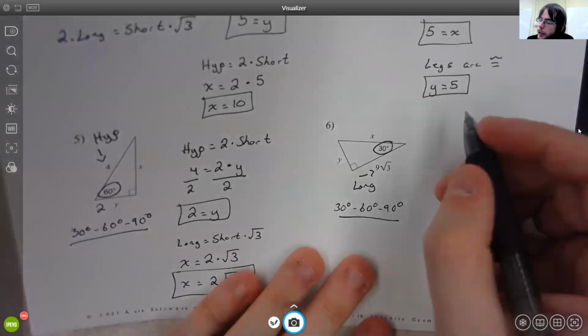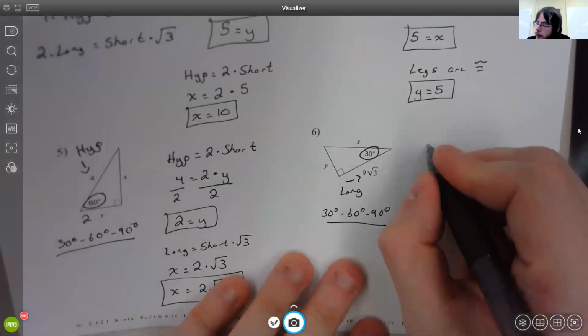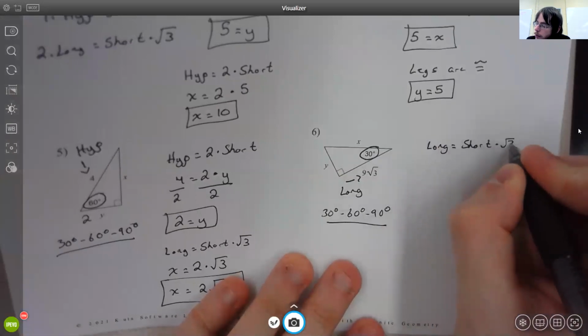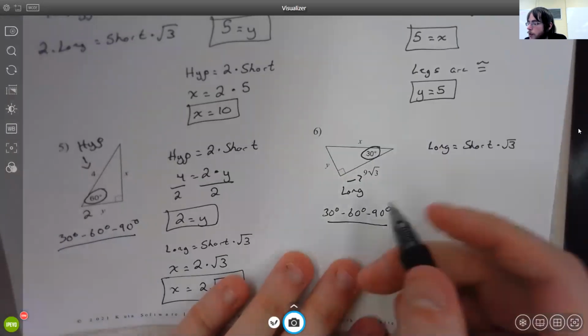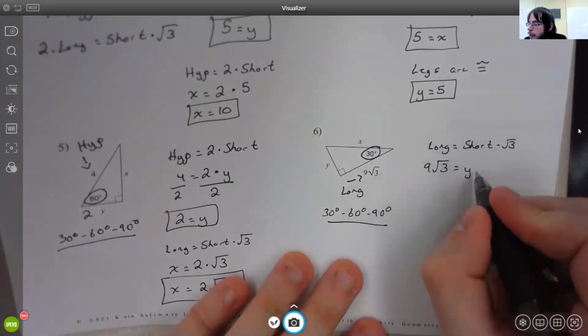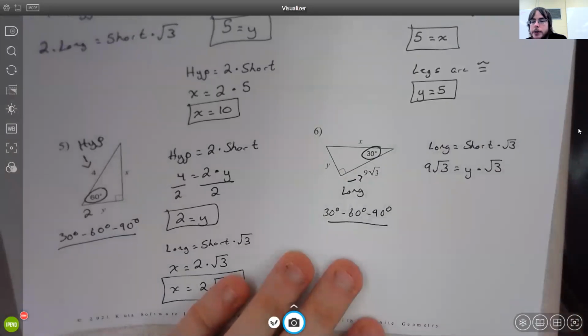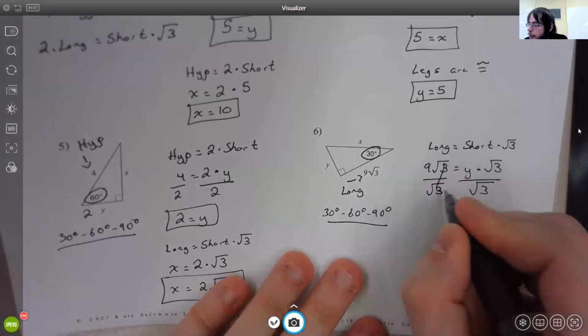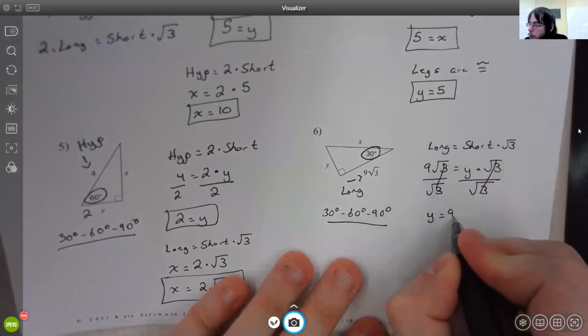So we use the relationship between the long and the short leg, which is long equals short times √3. Your long leg is 9√3. Your short leg is y, and then times √3. Divide both sides by √3, and you find that y is equal to 9.